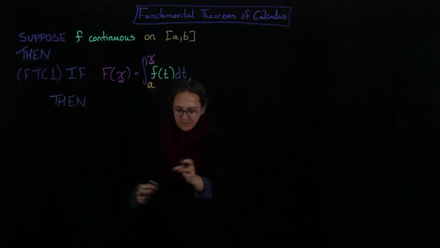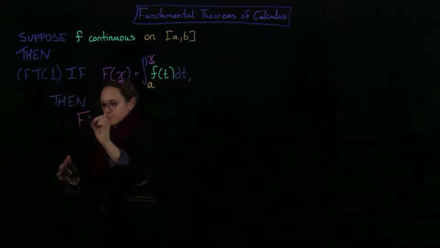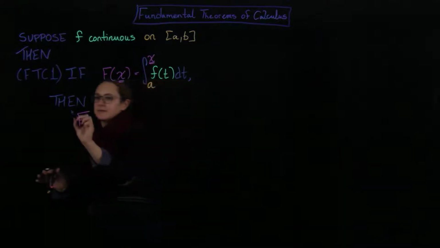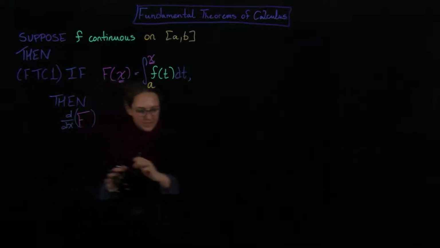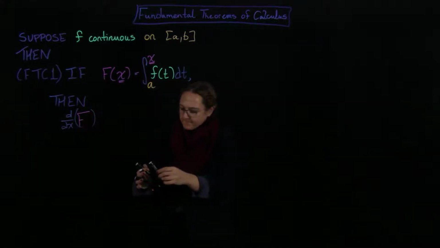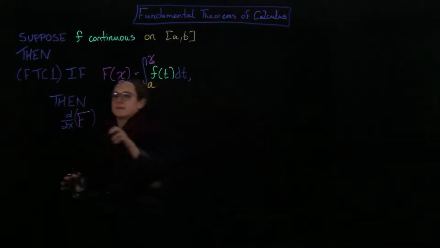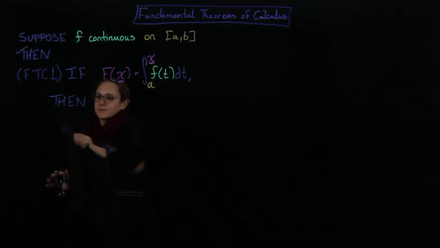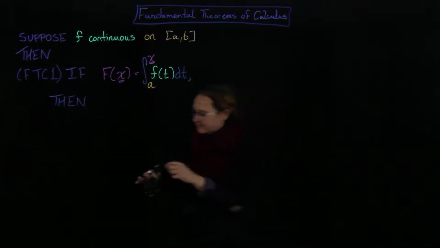So what do I know? I know that taking the derivative of this function with respect to x is going to equal, and we're using the other notation for a reason. I so much prefer d/dx because it says that we're taking the derivative with respect to x, but in this case it's going to get a little confusing, so let's do it the other way.